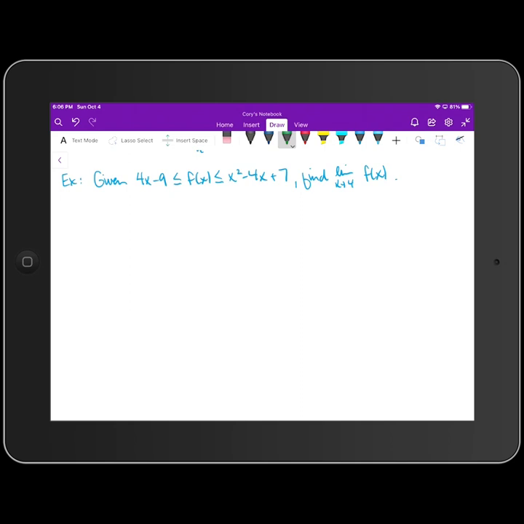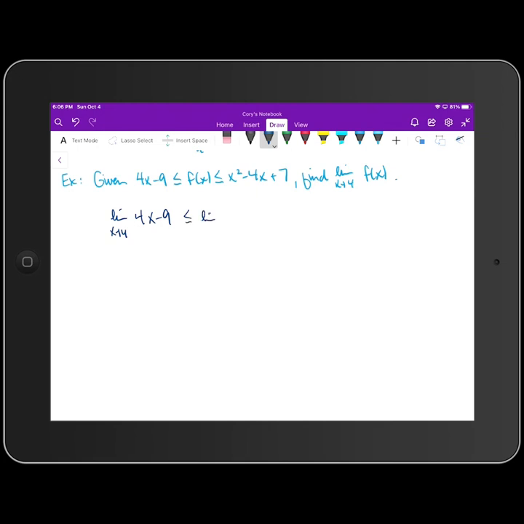Okay, so if you have a compound inequality like this and you want to apply the limit as x approaches 4 to f of x, we're going to take the limit as x approaches 4 of each of these functions. Okay, so we're going to take the limit as x approaches 4 of 4x minus 9.